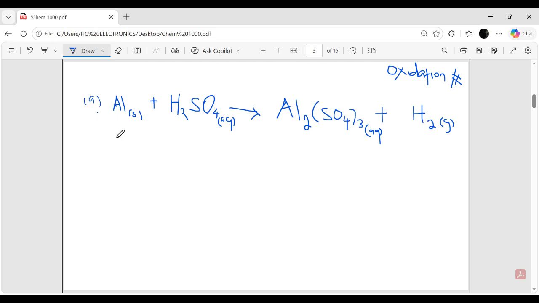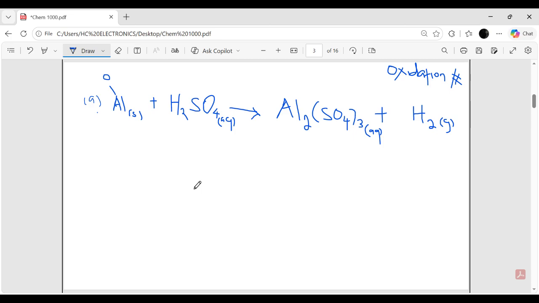So we're going to start. According to redox rules, when assigning oxidation numbers or oxidation states, neutral atoms, for example this aluminium, the oxidation state of this one is zero.